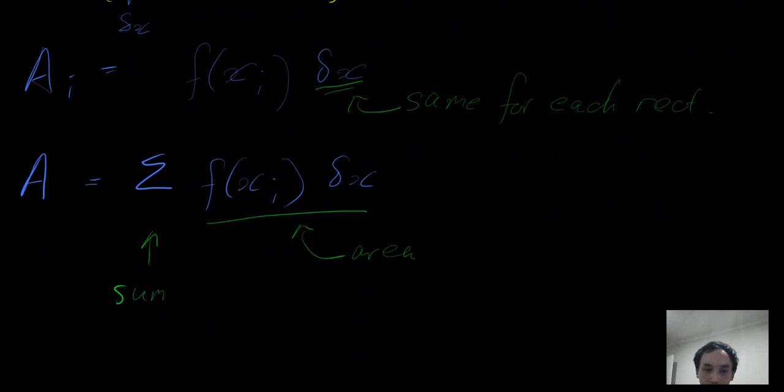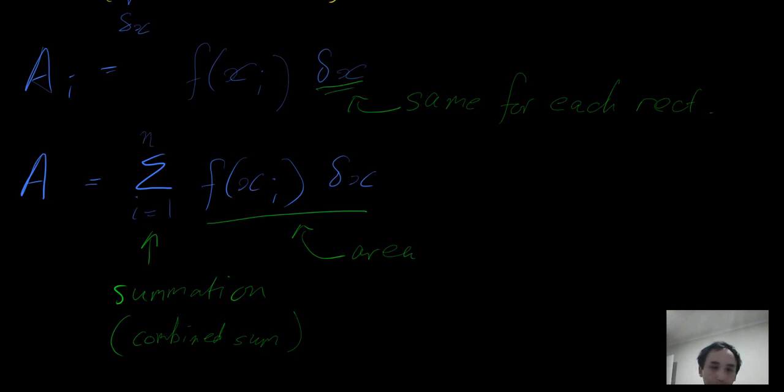The summation, in layman's terms, is the combined sum of all rectangles from our first rectangle, so this is where i is equal to 1, and to n.